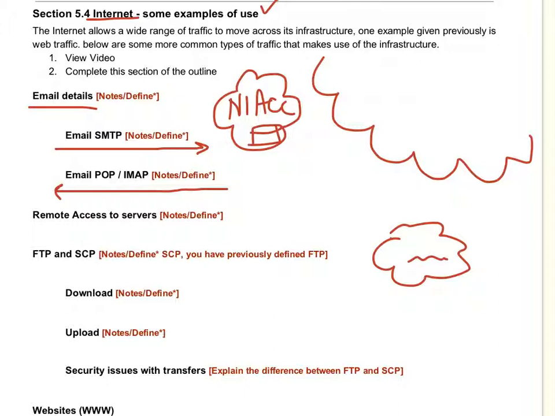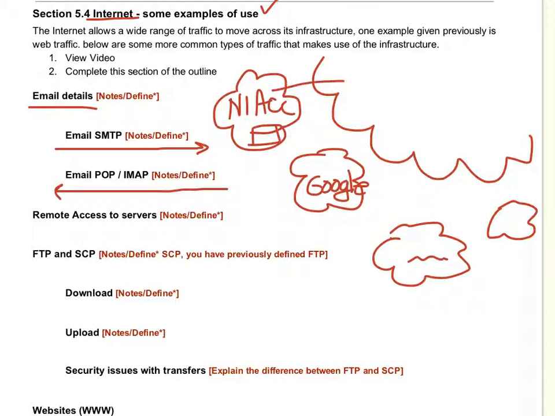Then my Google email sits here at Google. And I also have a Mediacom email, that sits at Mediacom and so forth. So when a student sends me an email, let's say from home, it comes in the internet, Simple Mail Transfer Protocol puts it on the server.